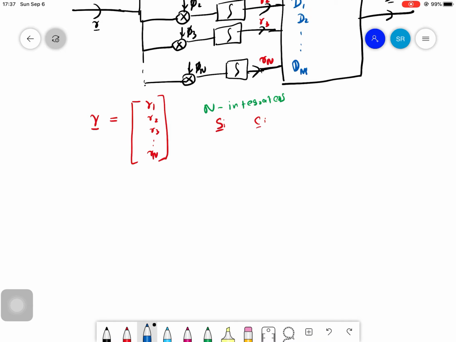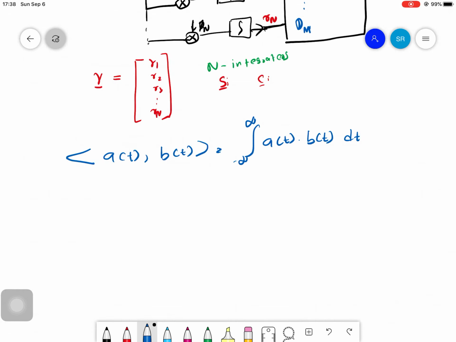If we take two signals, I previously told you A(t) dot B(t) is defined as the integral from minus infinity to plus infinity of A(t) times B(t) dt. So I'm going to see something like this.